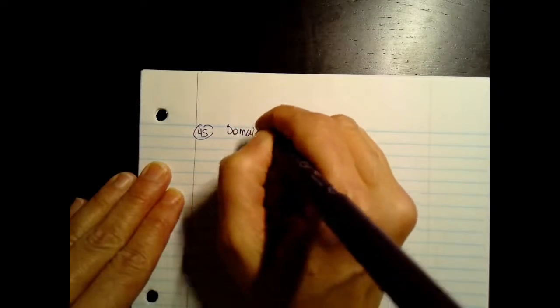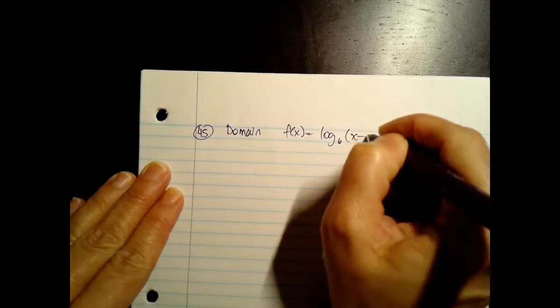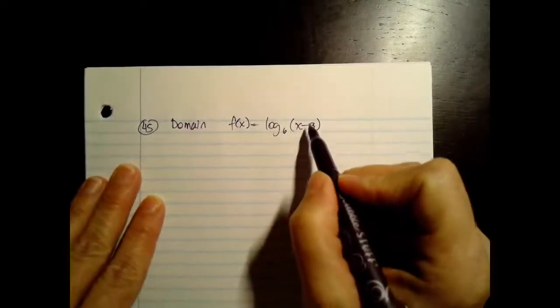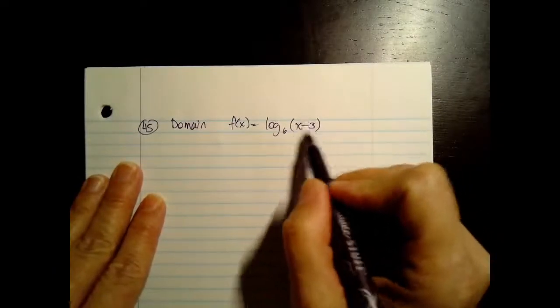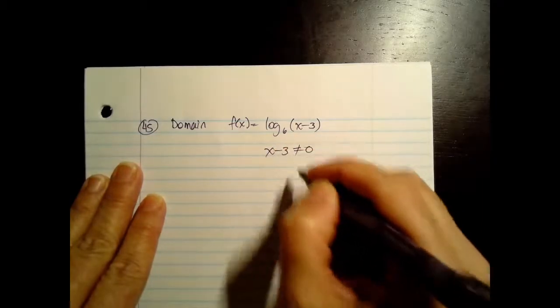Okay, so for number 45, it says to give the domain, and it is log base 6 of x minus 3. Okay, so we know that this part can't be negative, right? So we know that this x minus 3 cannot be equal to 0.